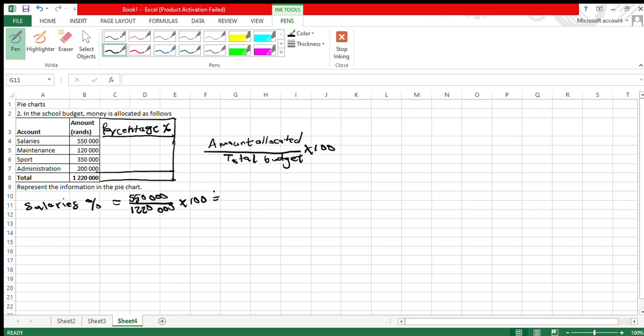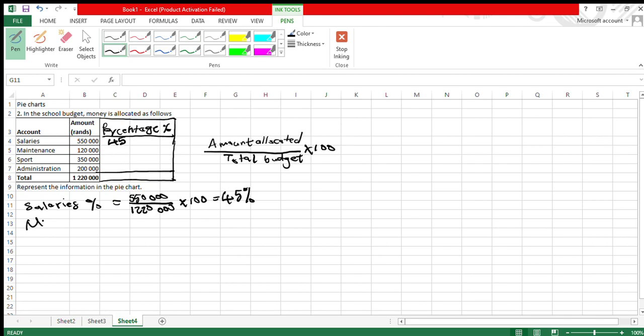Let's try and work out the percentage. It's going to be 550,000 divided by the total budget, which gives me about 45%. So let's write the answer here: 45% for salaries. Okay, now we're done with salaries.